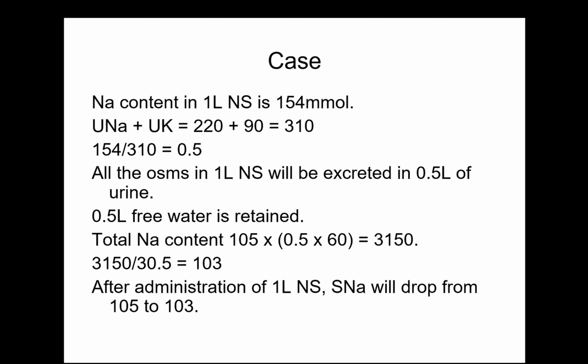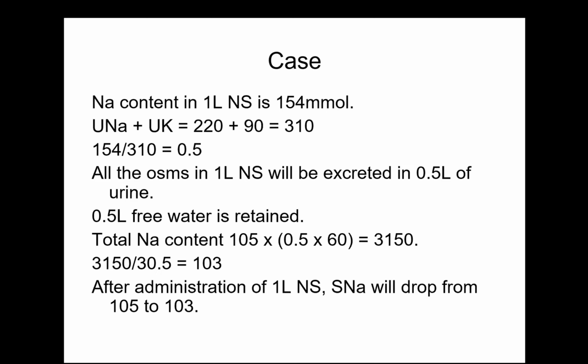So we just said a liter of normal saline has 154 millimoles of sodium. The urine has 220 millimoles of sodium plus 90 millimoles of potassium. So we add them together, that's 310 millimoles per liter, because we consider potassium just like sodium.